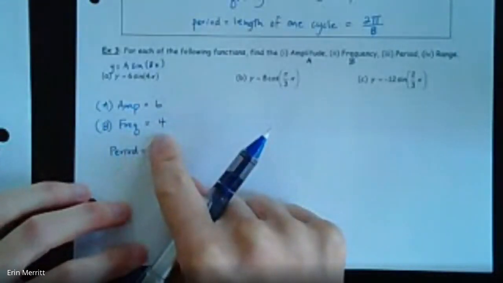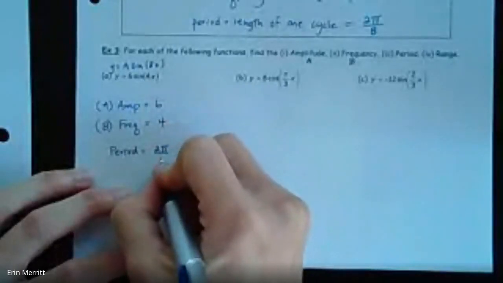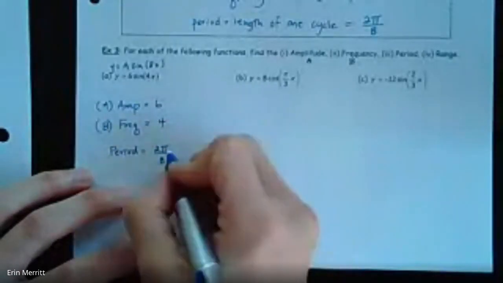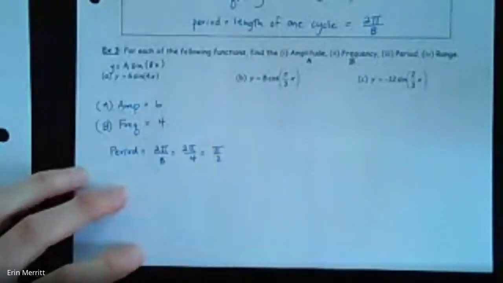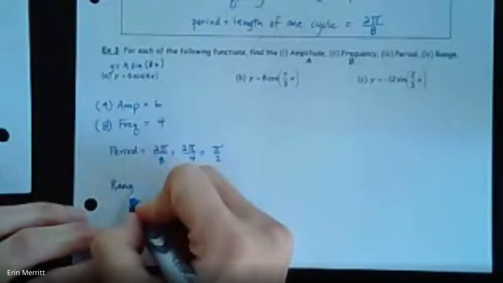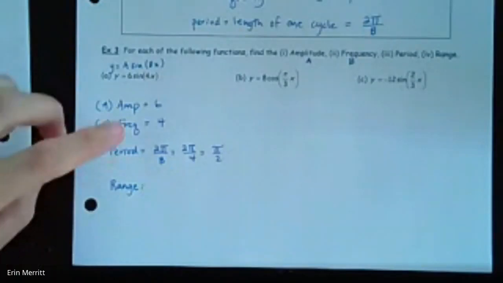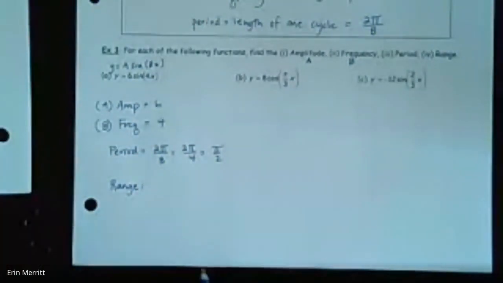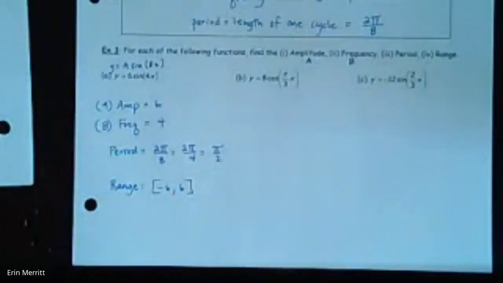So if the frequency is 4, it means I'm going to see 4 cycles between 0 and 2 pi. So the length of each cycle, you take 2 pi and divide it by that value. So each little cycle will have a length of pi over 2. Ta-da! Last part, the range. If you remember back from the first page, if the amplitude's 6, the range is going to go from -6 to +6. That's it. Cool. All right.